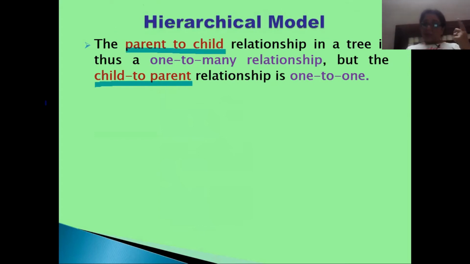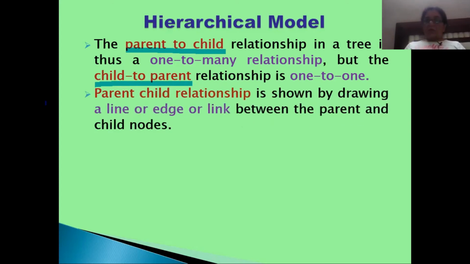Right? जब हम object oriented model पे आएंगे, there will be discussing a complete entity relationship diagrams also in very much detail through the proper examples. Parent-child relationship is shown by drawing a line or an edge or a link between the parent and child nodes. किसी भी level पर जहां भी एक parent और एक child का relationship हम signify करेंगे, that will be through a line, जिसे हम edge भी कहते हैं और link भी कहते हैं.